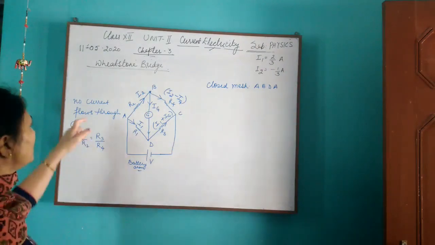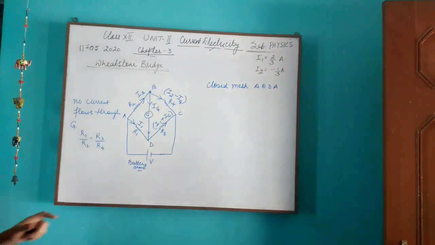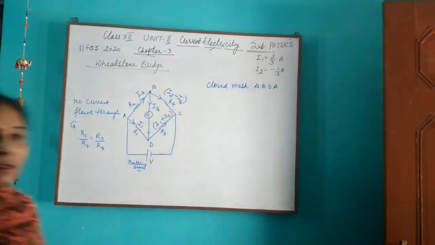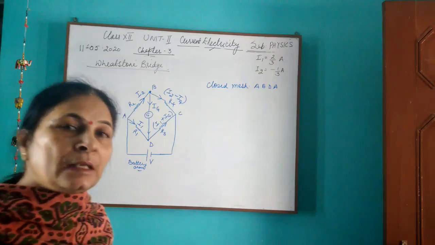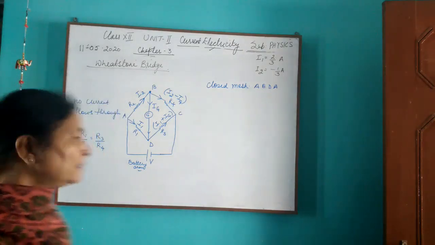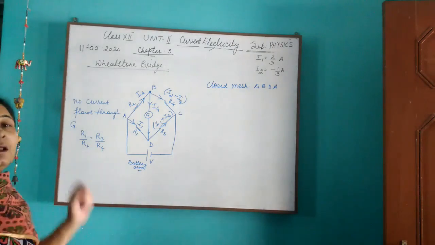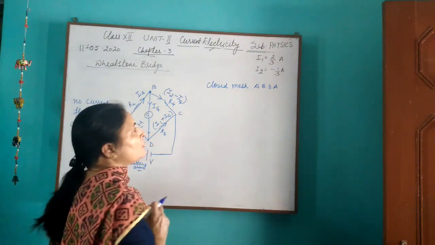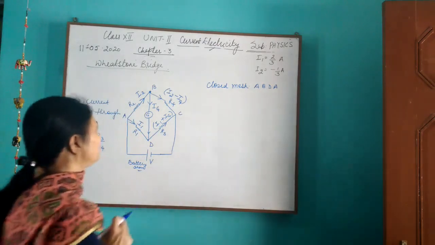In any case, for finding out the condition of a balanced Wheatstone bridge, IG has to be 0. See, when IG is taken to be 0, the bridge is said to be in balanced condition and this ratio will follow. So let us first find out the condition. Closed mesh ABDA.